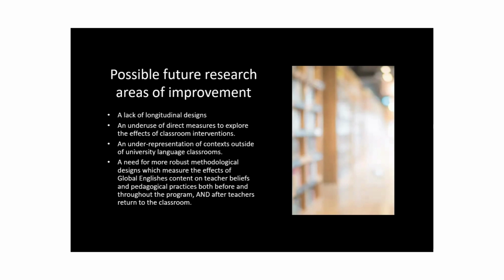And which can be difficult, right? Because it's quite difficult to measure something as nebulous as students' global Englishes identity or their attitudes towards global Englishes, but it's not impossible. We also see an underrepresentation of contexts outside of the university language classrooms.